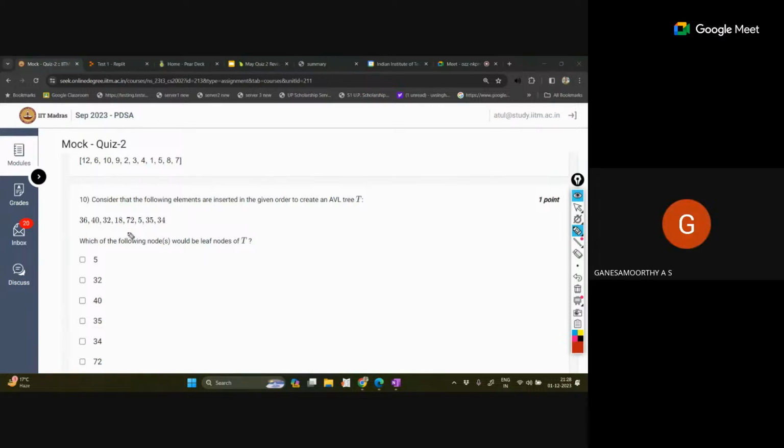Sir, in the mock test, the notation for whether a question is multiple-choice is not given, sir. For this problem, whether it is multiple-choice or not? This is multiple-choice. Where is it given? You can understand it by the selection. Generally, it will be given along with the question. Let me check.